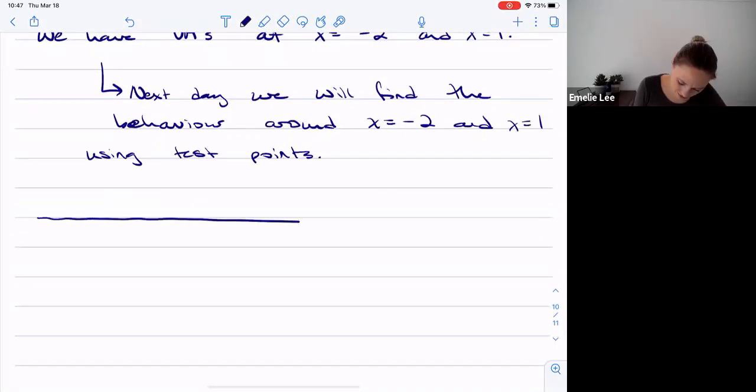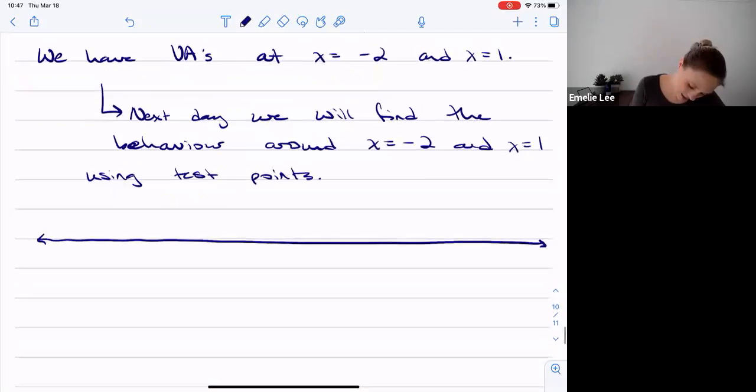So very similar to what we were doing before, right? At -2, and you want to just have enough space to do all these calculations.